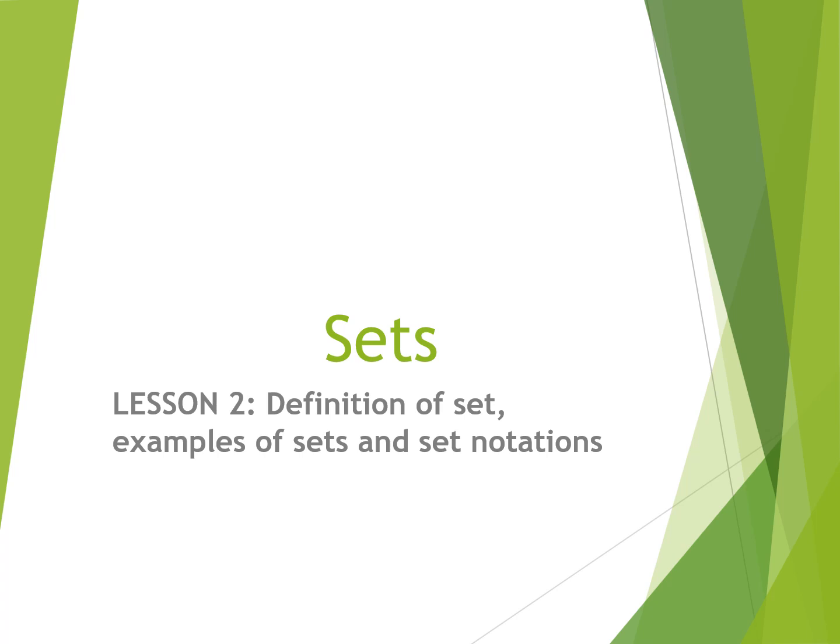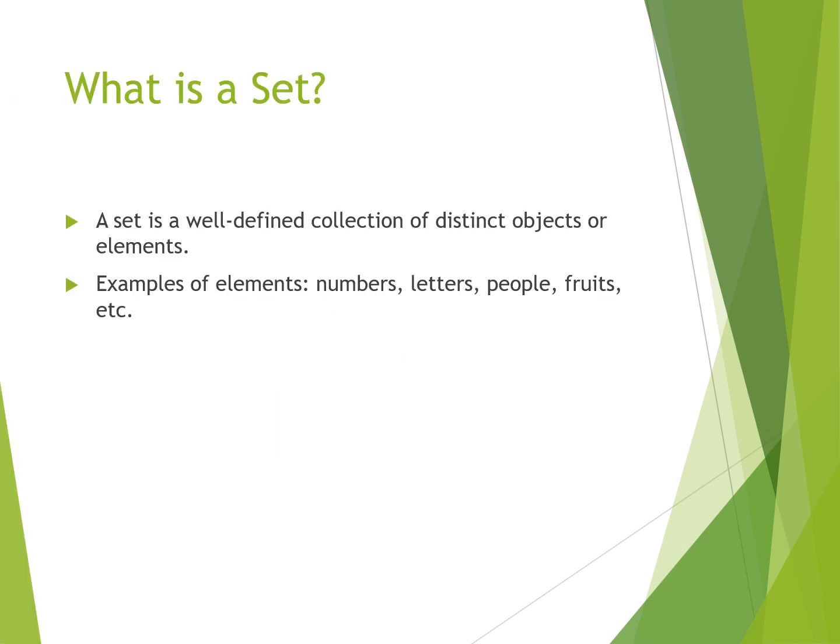Now, let's proceed. What is a set? A set is a well-defined collection of distinct objects or elements. Please note the word distinct. That means unique, or something that binds them together.